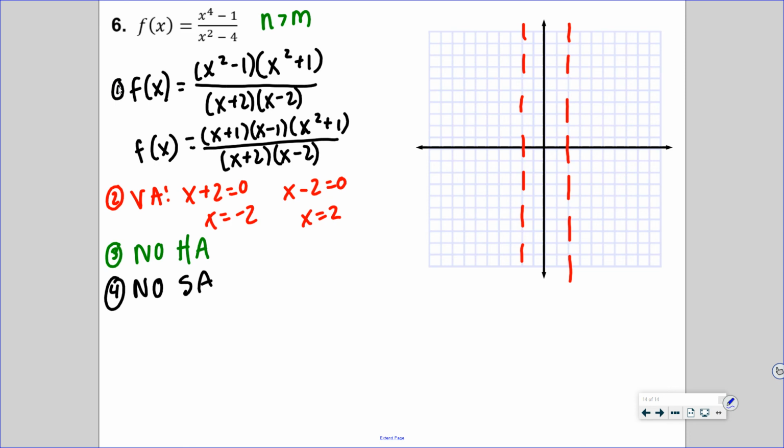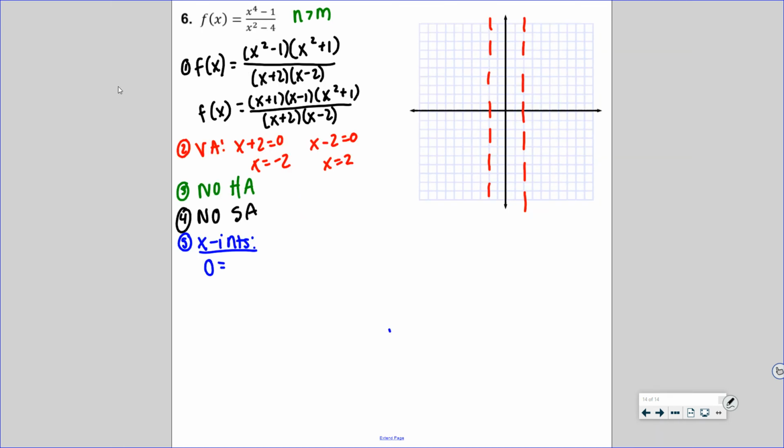Okay, so let's check for intercepts. I'm going to plug it into my factored form because half of my work is done for me. You don't even have to worry about that one because that's imaginary.